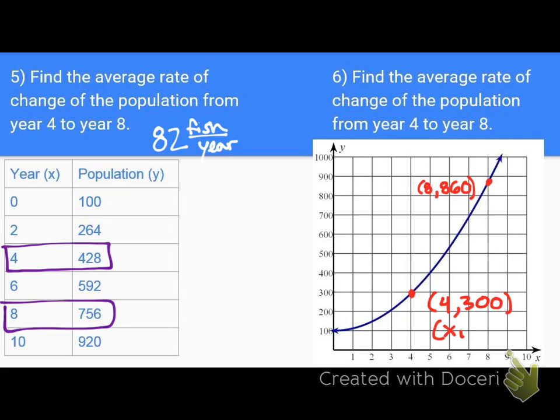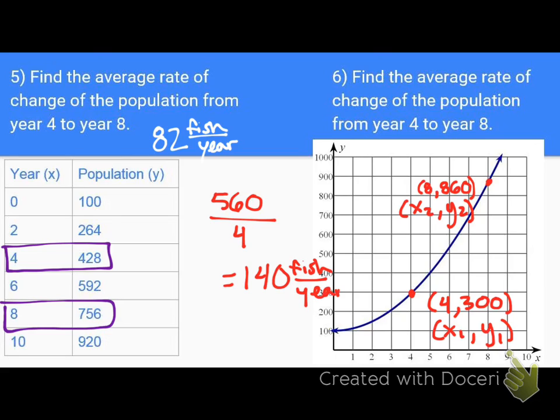That would be your x1, y1, and then your x2, y2. Plugging those values into the formula, we get 860 minus 300 is 560, divided by 8 minus 4 is 4. Reducing, that gives us 140 fish per year.